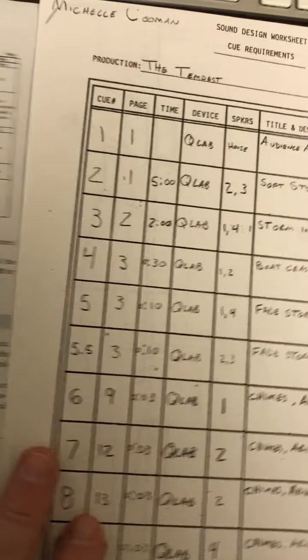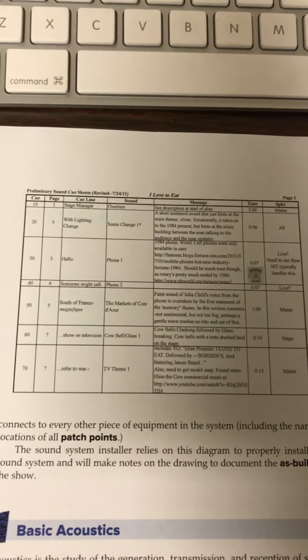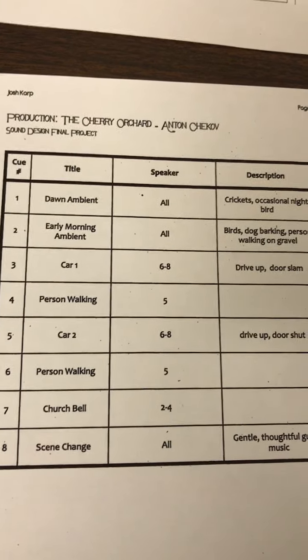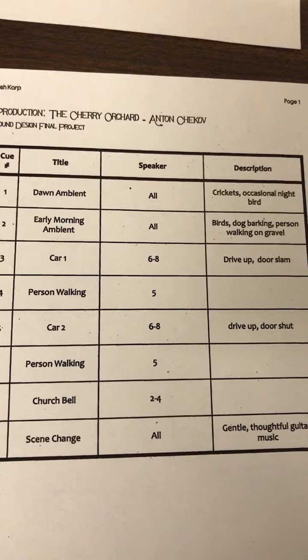Here is one that is in your book that's a little bit more formal and typed up. Okay? All right. And here's another one from Chekhov's The Cherry Orchard, done by one of my students. Okay? And this one's getting a little more formal and has all the listing of the cues.